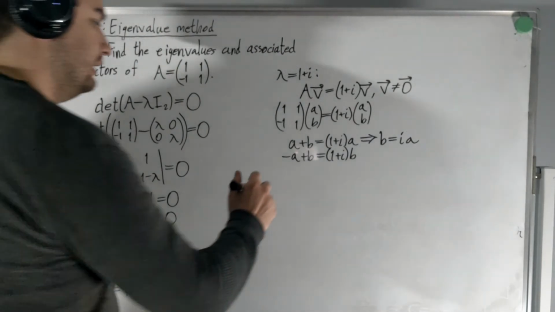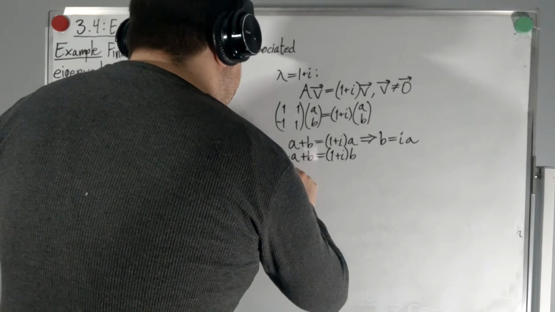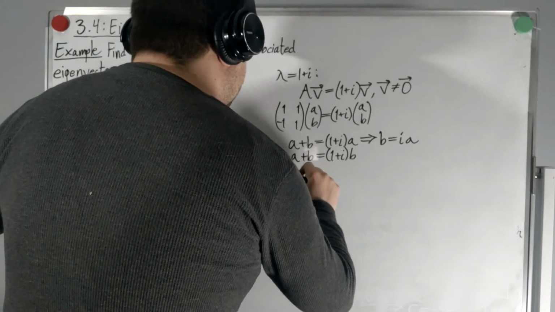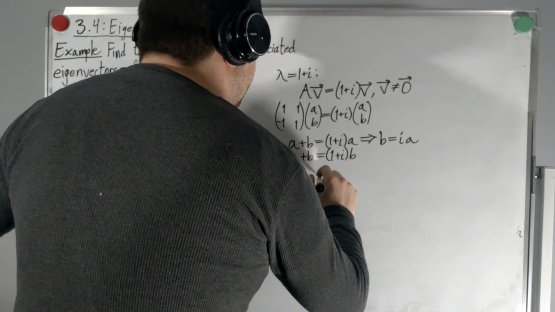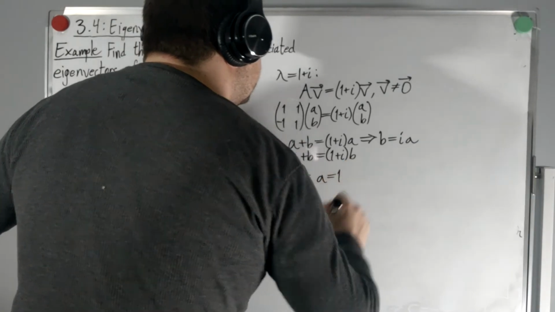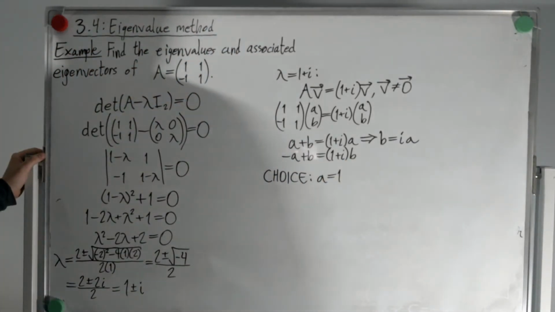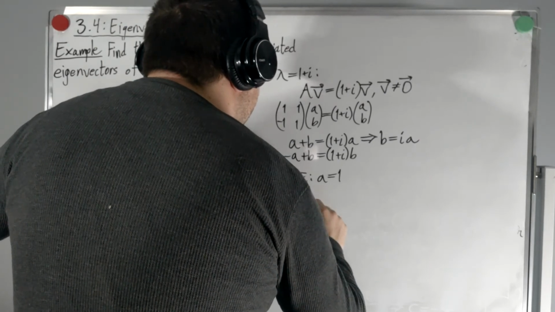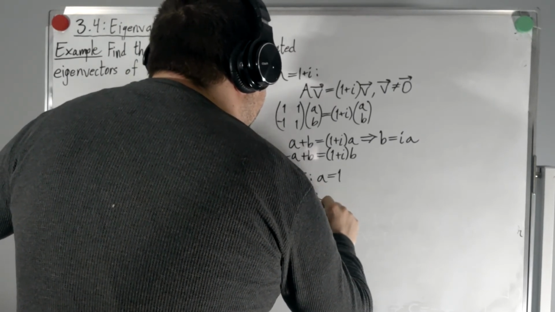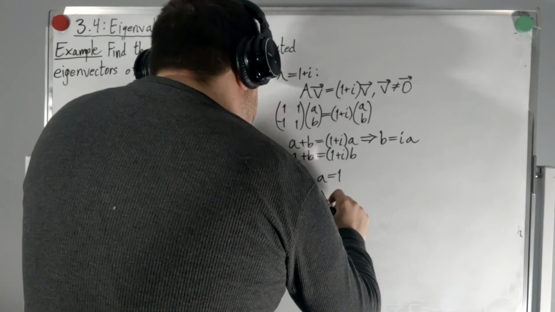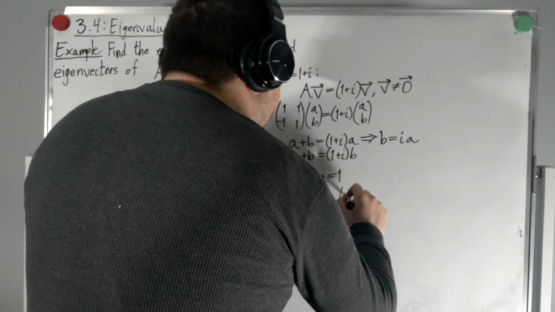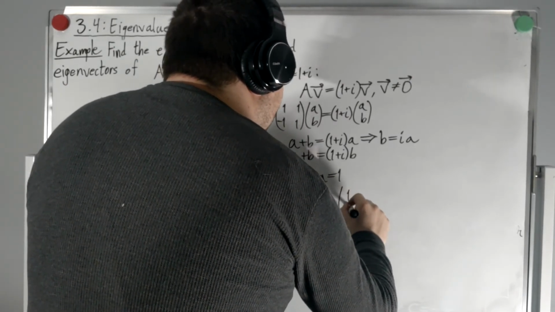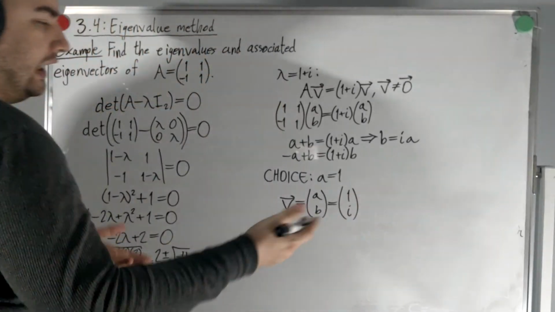Okay? So now we're going to make the choice a equals 1. In that case, this vector v is (a, b), and that's just going to be (1, i), which is i times 1.